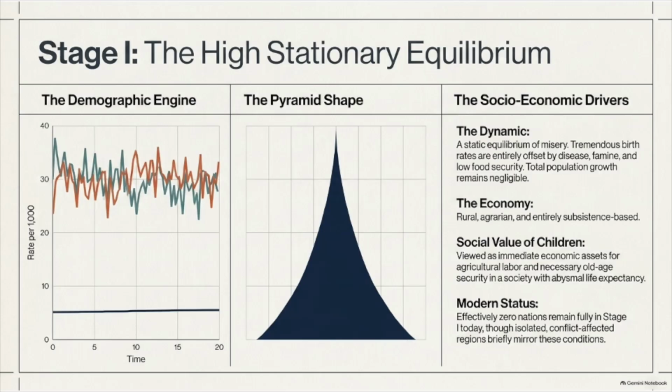The economy is rural, agrarian, and entirely subsistence based. Children are viewed as immediate economic assets for agricultural labor and necessary old age security in a society with abysmal life expectancy. Today, effectively zero nations remain fully in stage 1, though isolated, conflict affected regions briefly mirror these conditions.